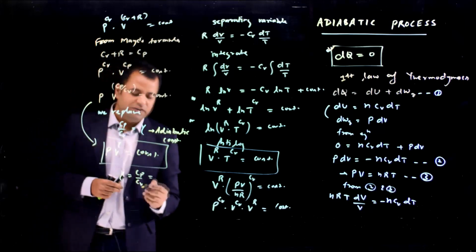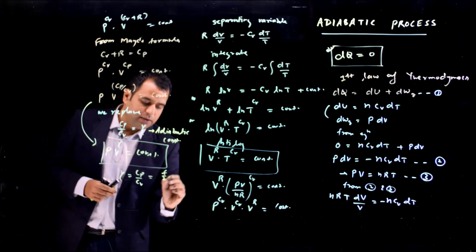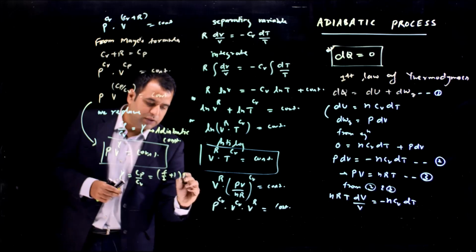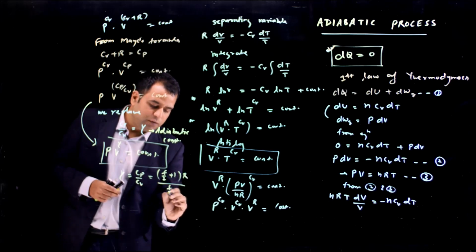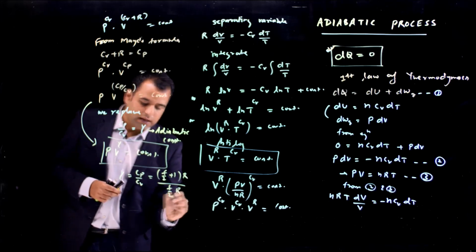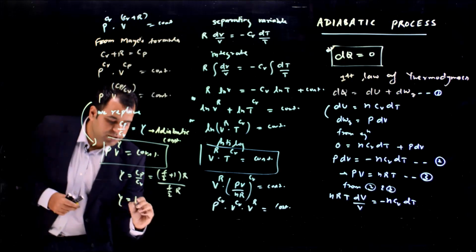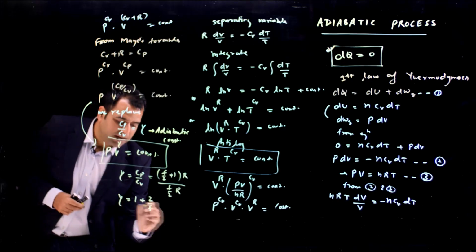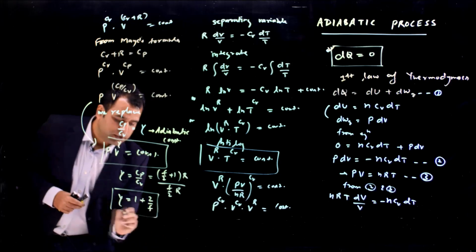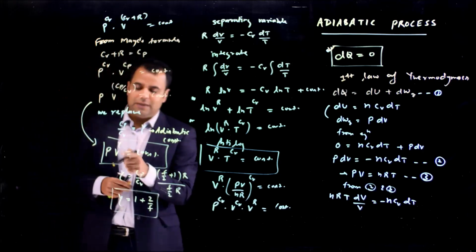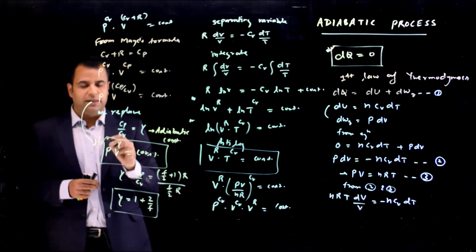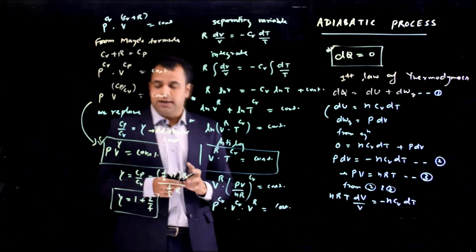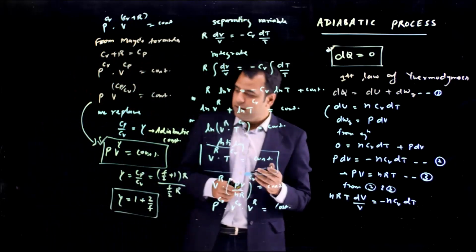If we replace the value of Cp there, it is (f by 2 plus 1) times R divided by (f by 2) times R, which will become gamma is equal to 1 plus 2 by f. So from the degrees of freedom we can calculate gamma. This is your equation of the adiabatic process in terms of pressure and volume.